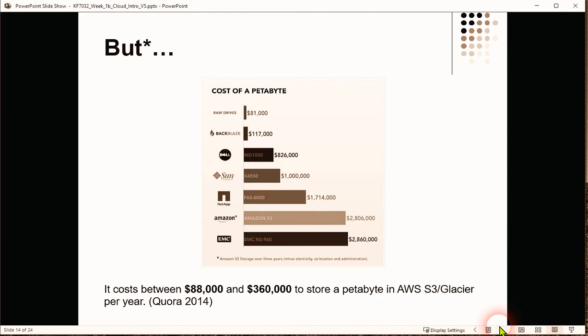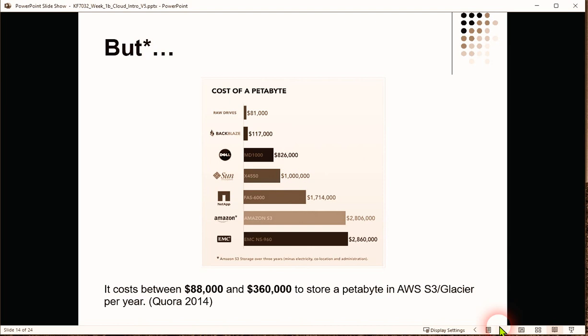So that's about right, because it would have said about $81 per terabyte. So we're paying a little bit less than that now, but it illustrates the point. But once you've got those drives, if you wanted that amount of storage and you were going to buy it from an online provider, there are multiple examples here, and you can see the price might go up to $2 million from some of those larger suppliers.